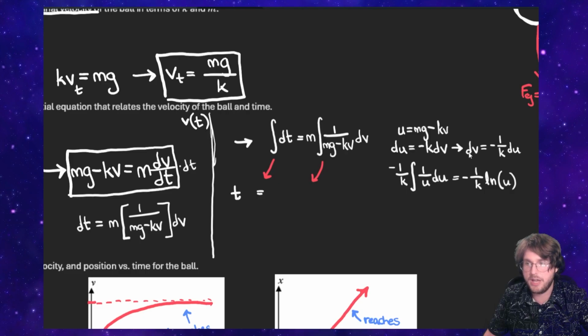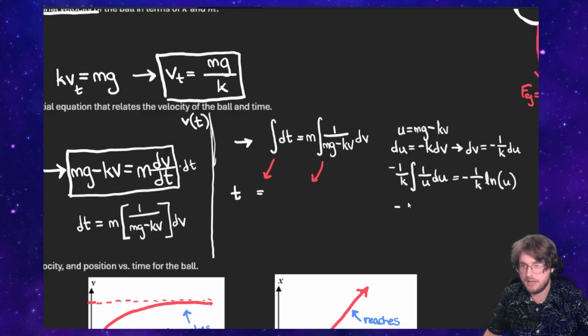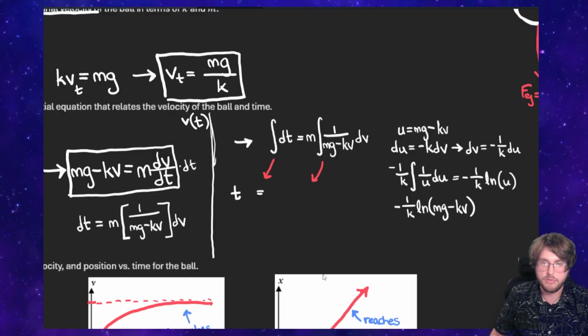Now at this point, we can go ahead and plug everything back into our original expression. So we should end up with the integrated expression being negative 1 over k times the natural log of mg minus kv. Okay. Crazy u sub side quest over.